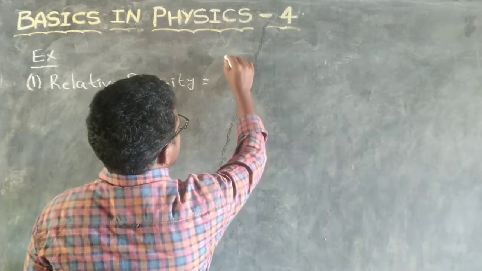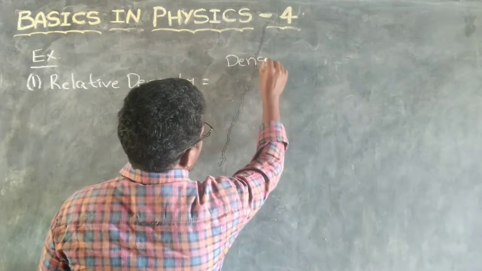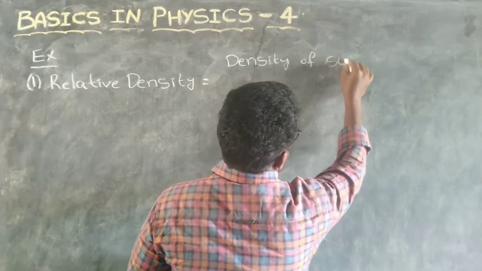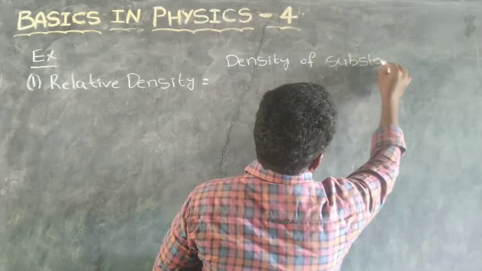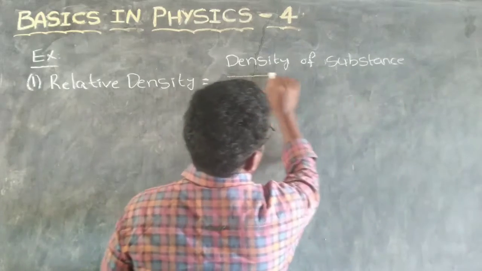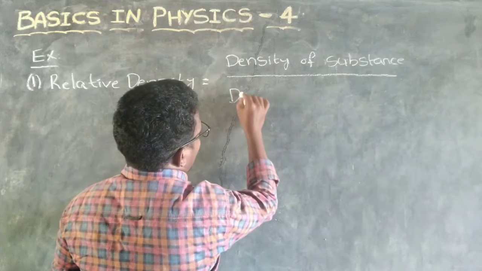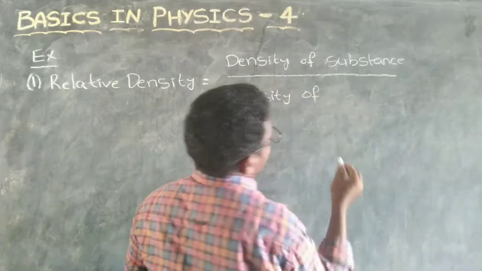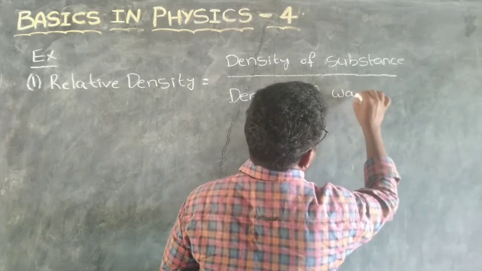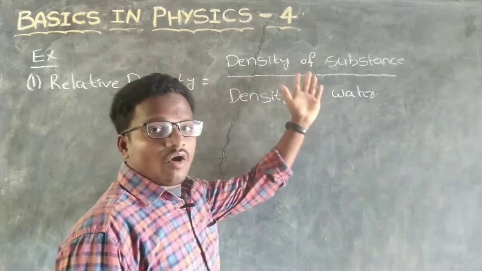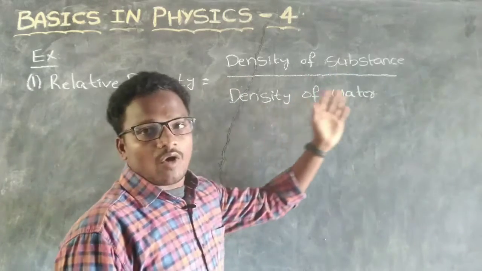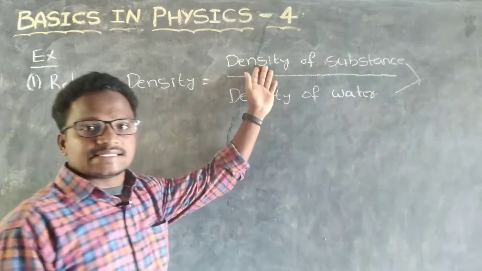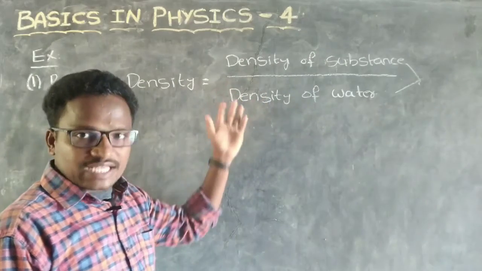Here, density of substance by density of water. Density of substance by density of water. Here density and here also density, both are densities.